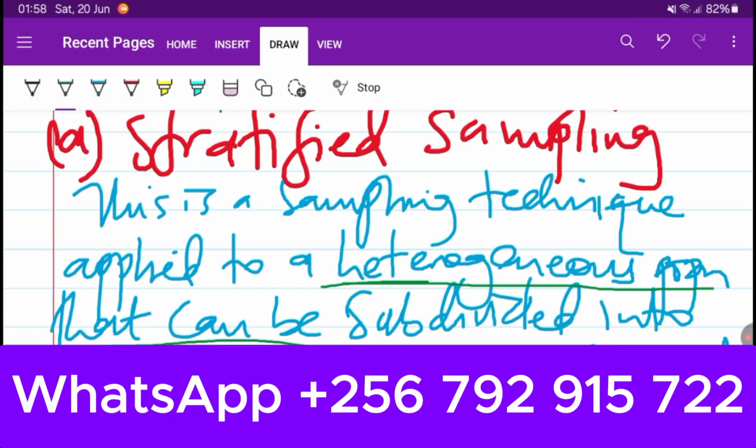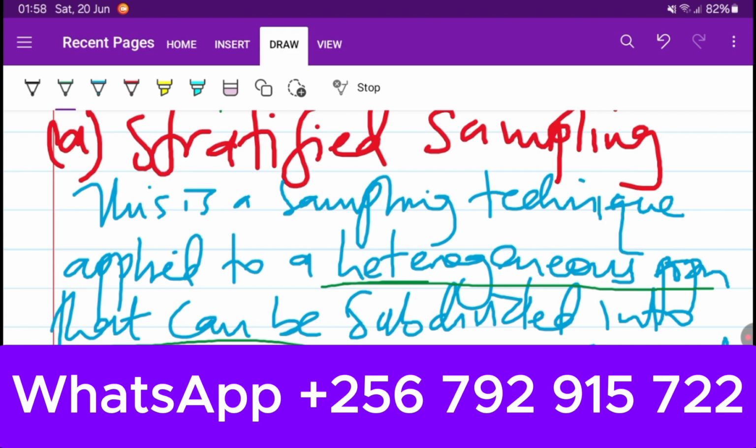That would be a homogeneous group. But if you are assessing the entire country, it will be a heterogeneous population because it will have people from different tribes.